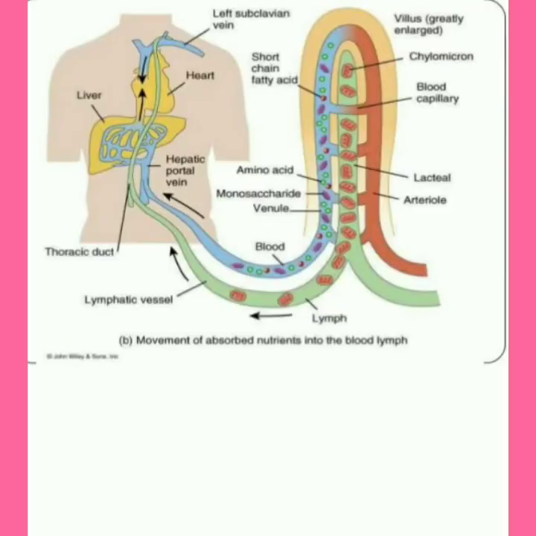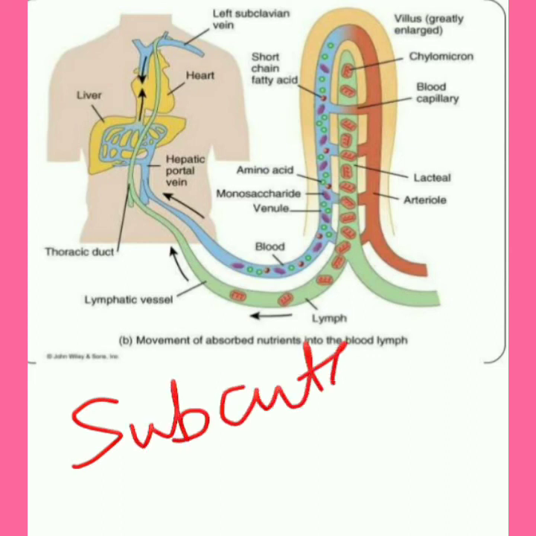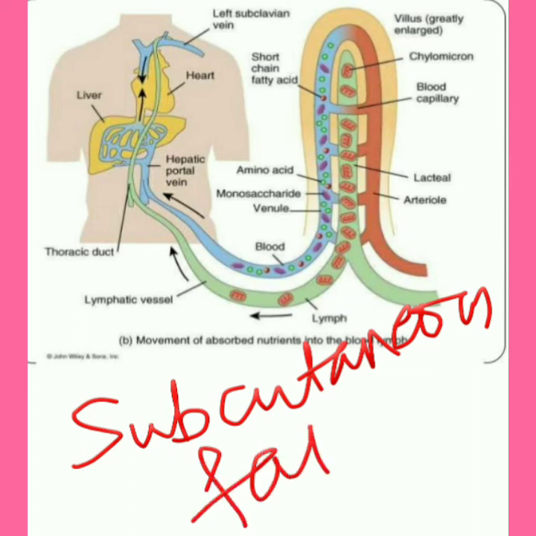Some fats are used in the synthesis of certain compounds in the body cells. The excess quantity is deposited chiefly below the skin as subcutaneous fat or around certain visceral organs in small quantity.